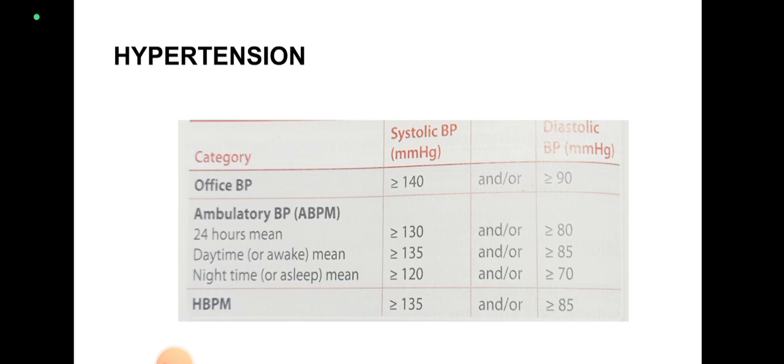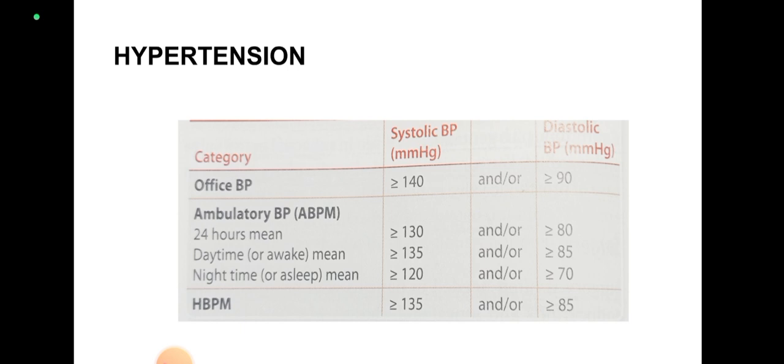Office BP should be more than 140 mmHg systolic and more than 90 diastolic. Ambulatory blood pressure is used to evaluate blood pressure variability using the oscillometric method over a 24 hour period with a large number of measurements, along with sleep measurement, in the patient's own environment.